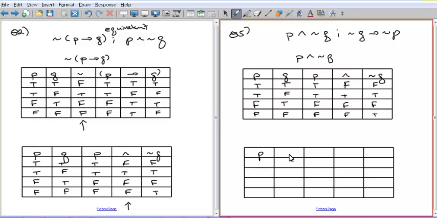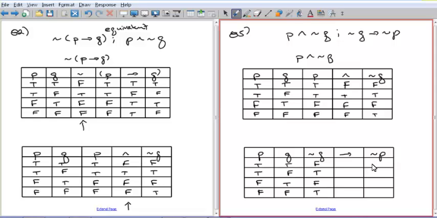Okay, then the second one, the conditional statement: if the negation of Q, then the negation of P. Again, the first two columns are just filled out in the usual pattern. Negation of Q, we take the Q column and switch falses to trues and trues to falses.